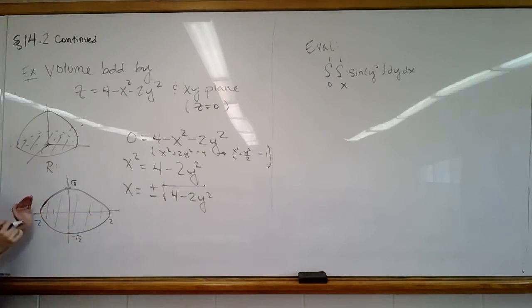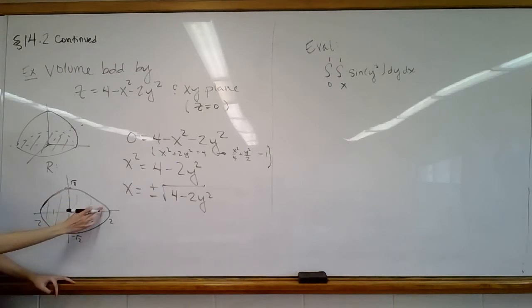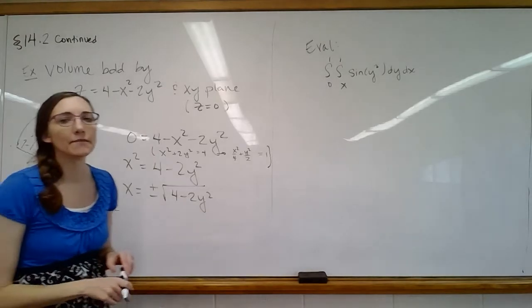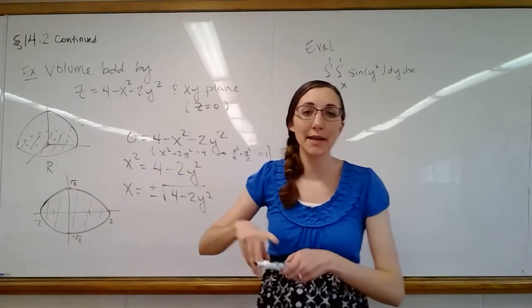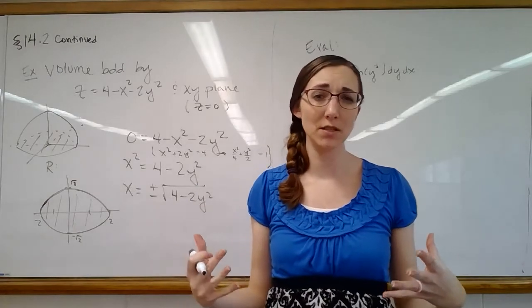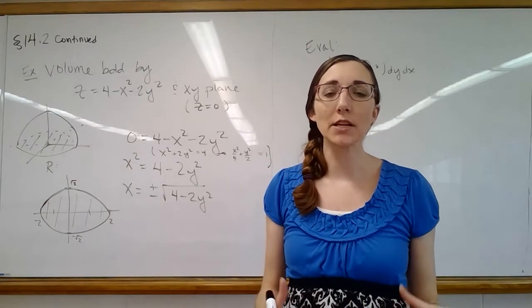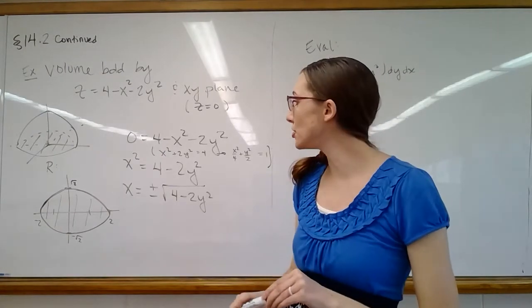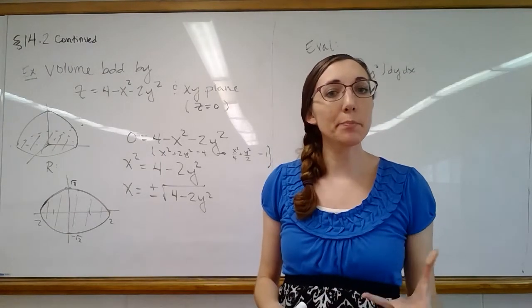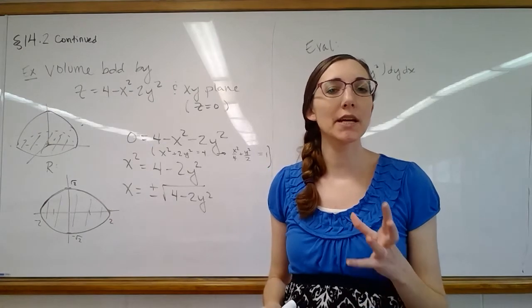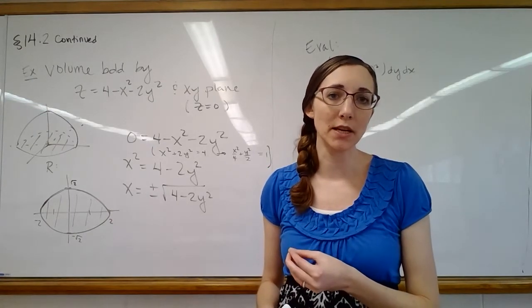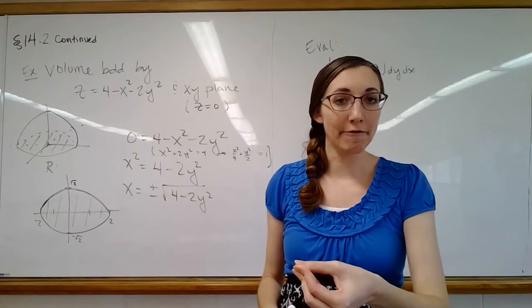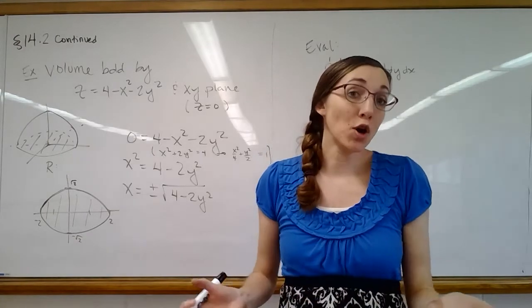So again, we could define our x's to go from one to the other. Or one thing that's really interesting in this example that we could take advantage of is when I look at my entire volume, my surface that's over top of that region, it's all symmetric. So one of the things that we could do is try to simplify by just taking a portion of this region and then duplicating that volume to get the total volume.